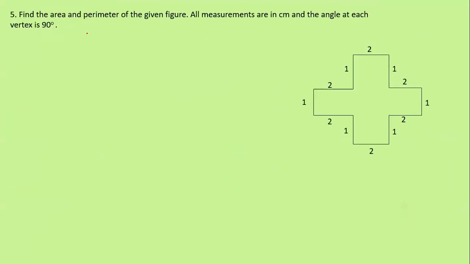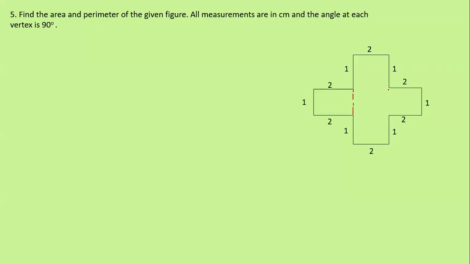So find the area and perimeter of the given figure. All measurements are in centimeters. And the angle at each vertex is 90 degrees. So let me just try to join it with the help of certain dotted lines.